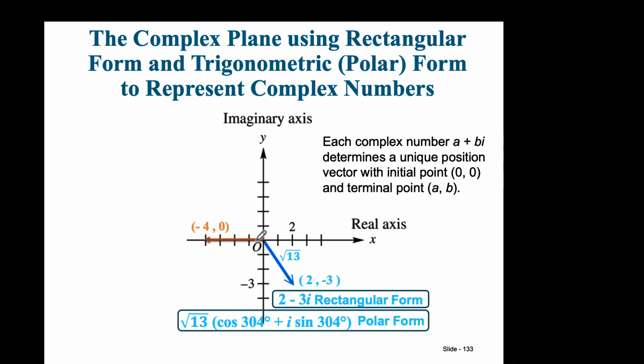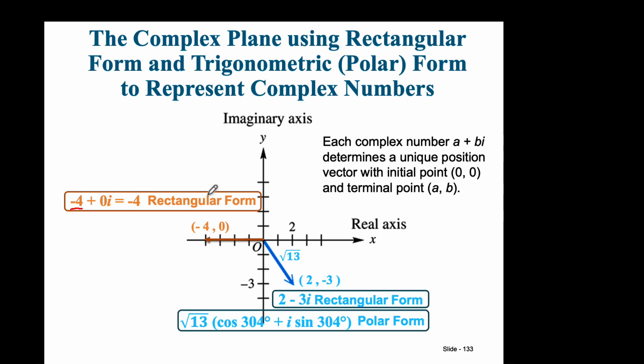We have this vector. It has gone over -4, and we're not going up at all. So it's like walking from here to here. The rectangular form of this would be: on the real axis, we traveled -4, so we write -4 plus how much we traveled on the y-axis, or the imaginary axis.